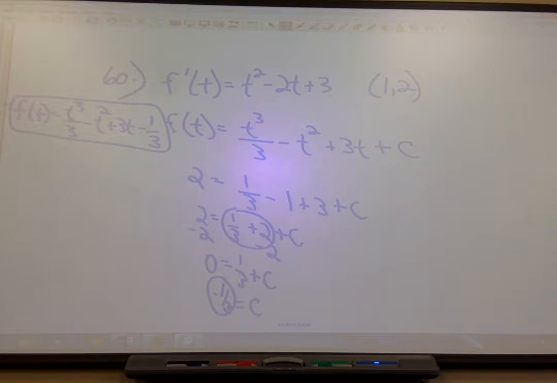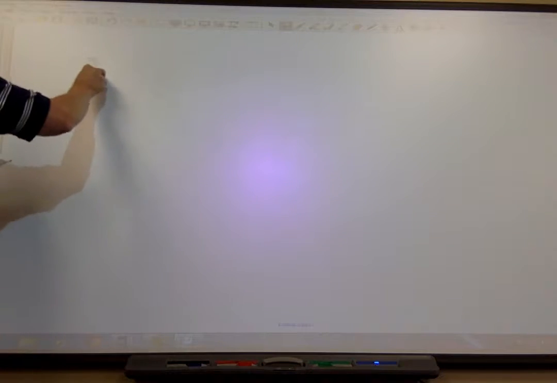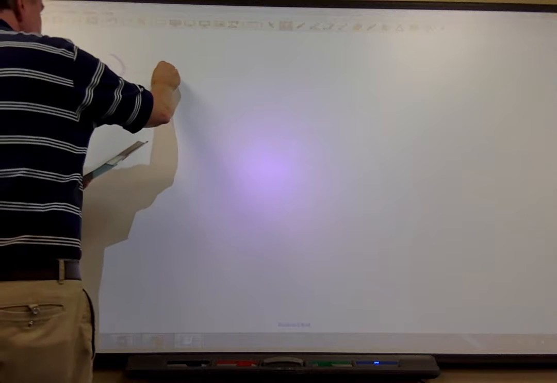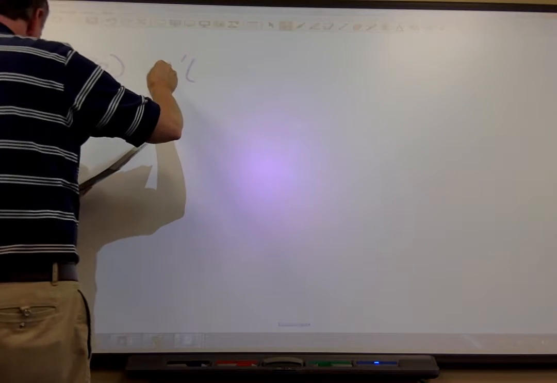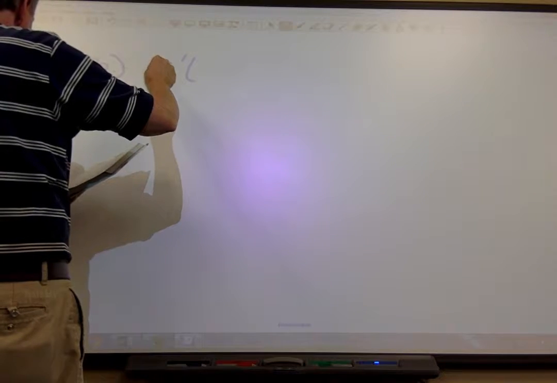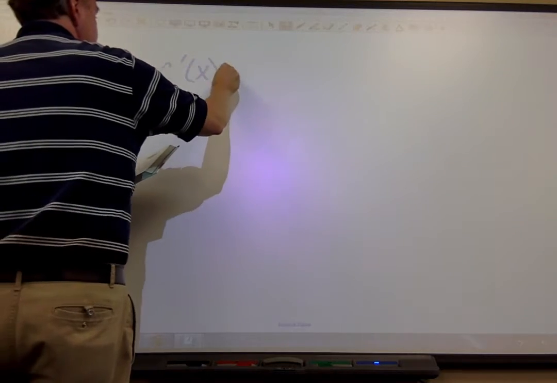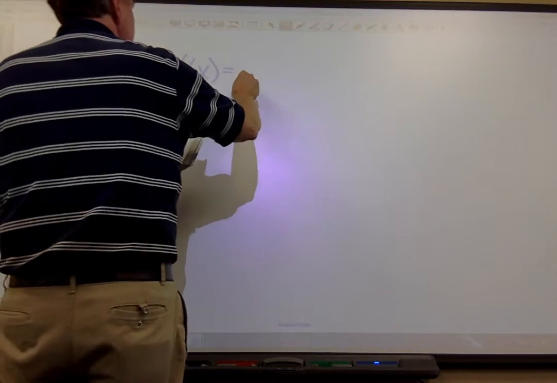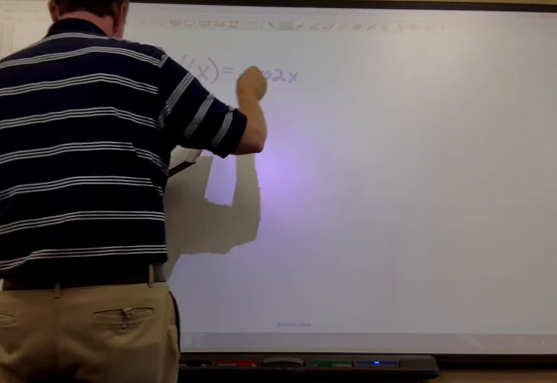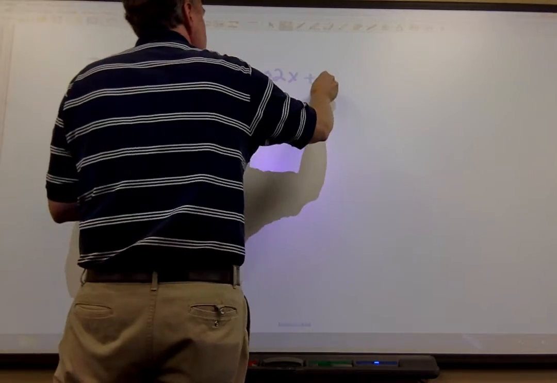Look at 70. 70 gives me the cost of manufacturing these guitars. The marginal cost, the C prime of x, is 0.002x plus 100.